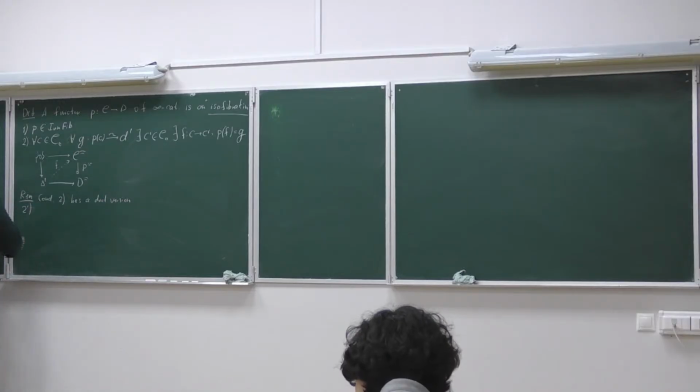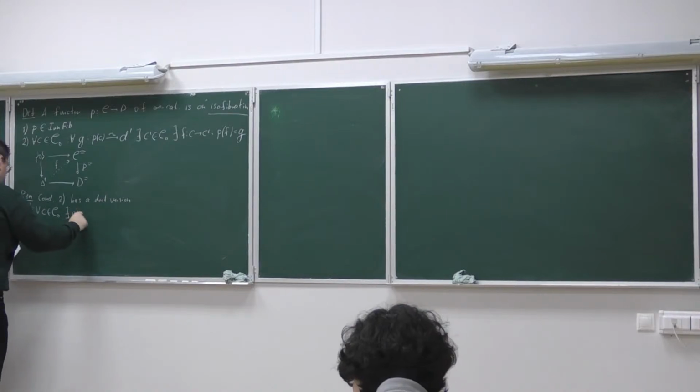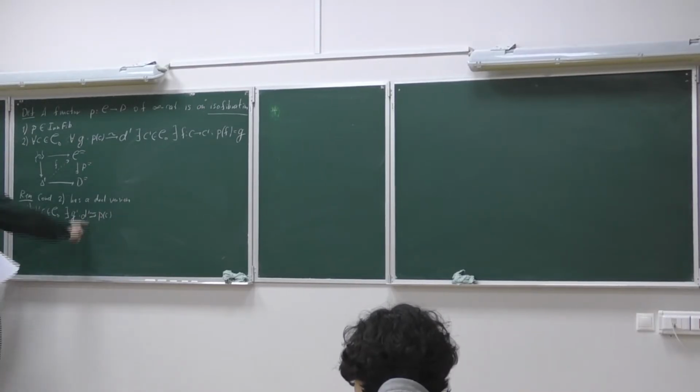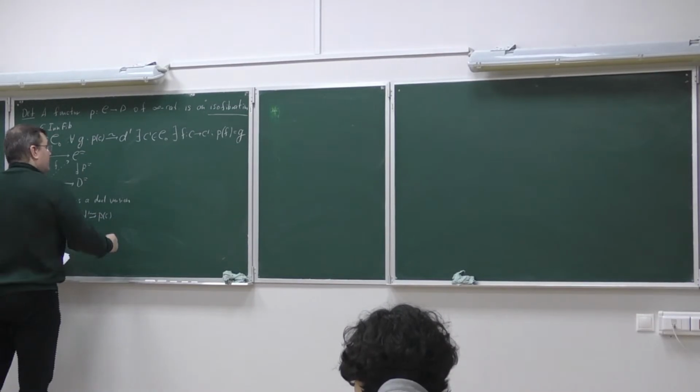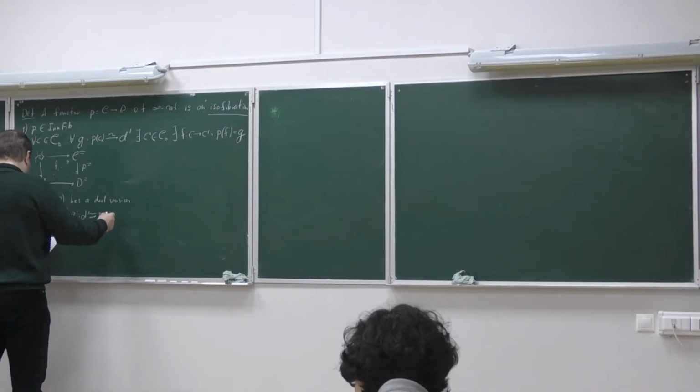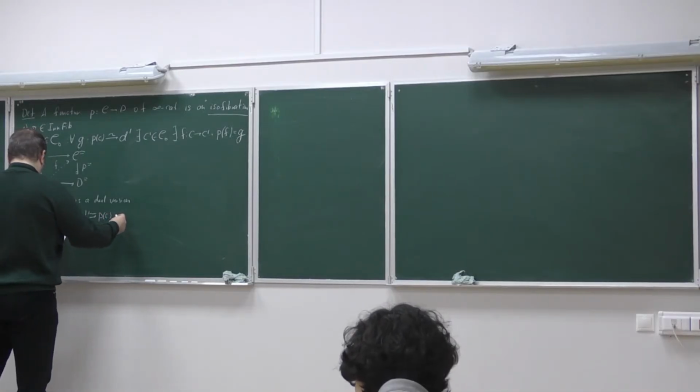And this is what I just said. So for any c in C0 and for any isomorphism, now let's call this G prime, from d prime to P of c. To indicate this isomorphism, I just decorate this arrow. Then the conclusion is as before.